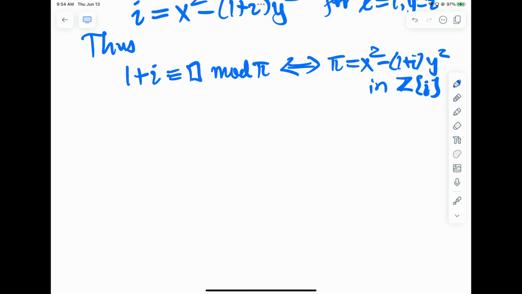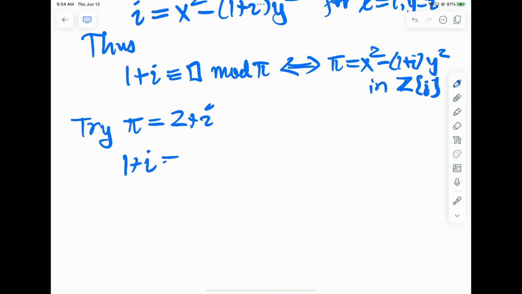So let's look at an actual prime. Let's take the prime to be 2 plus i. This is a prime in the Gaussian integers. 1 plus i turns out to be congruent to 4 mod 2 plus i. You can verify it because if you subtract the two of them, the difference as a Gaussian integer is divisible by 2 plus i. And I hope you all see that 4 is a perfect square.